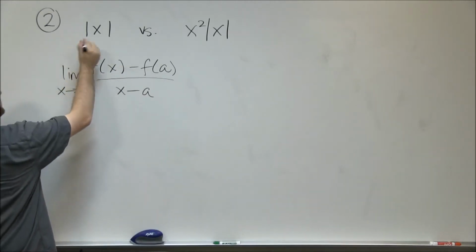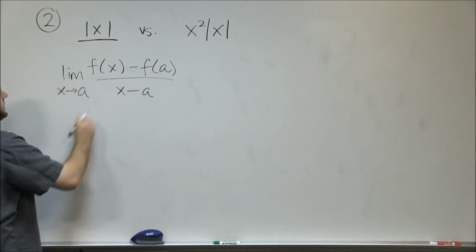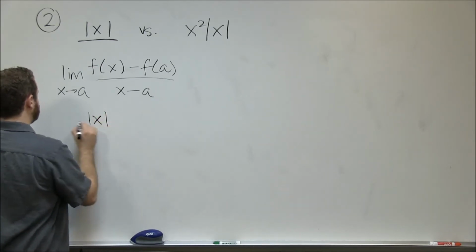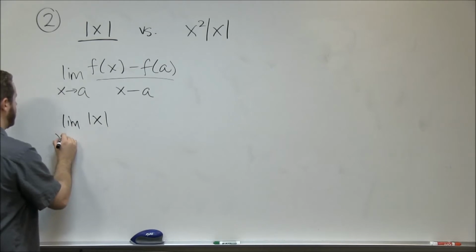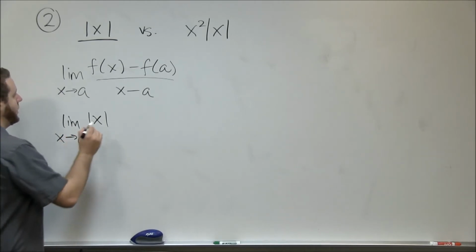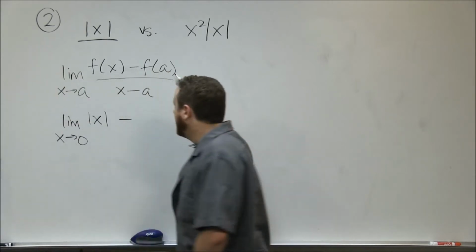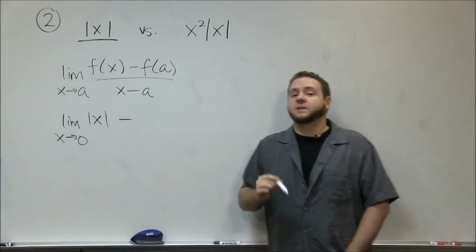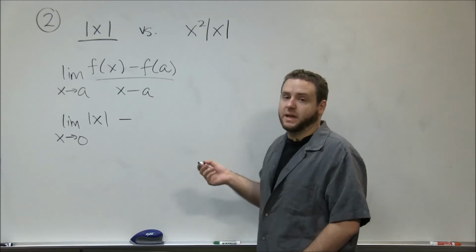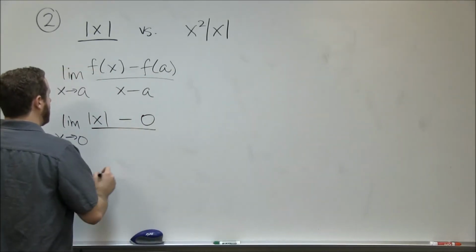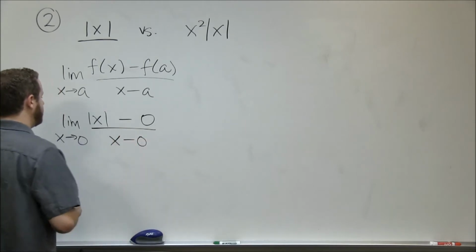When we plug into this formula, we're going to do the limit as x approaches 0 of absolute value of x minus f of a. What do we get when we plug in 0 to absolute value of x? Well, when you take absolute value of 0, you get 0, over x minus 0.